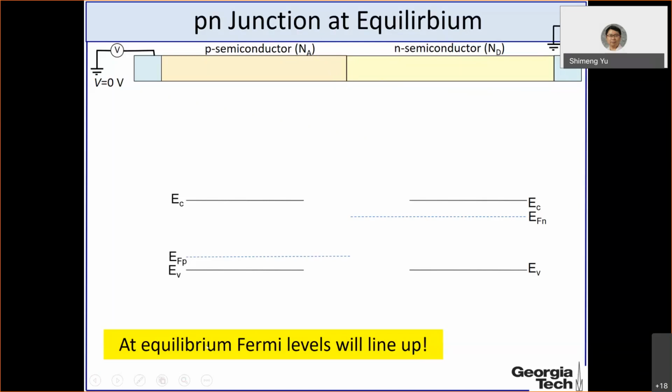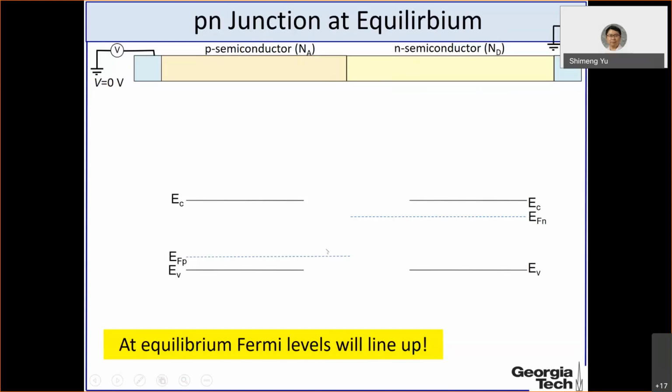So in one system, there is an important conclusion: at equilibrium state, where the external voltage is 0, the Fermi level will align. That means there's only one single Fermi level in the system. The Fermi level will be flat. But now you see those two Fermi levels are not aligned.